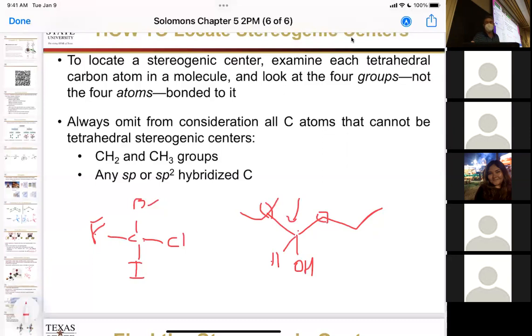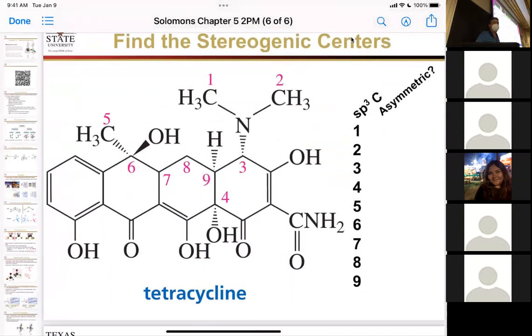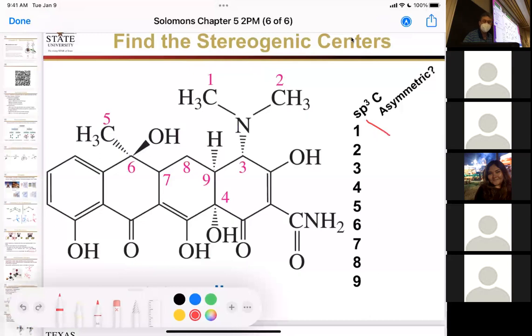All right, quick quiz. Is number one chiral or not? Yes or no? No, because it has three hydrogens on it, so it's a no. Okay.